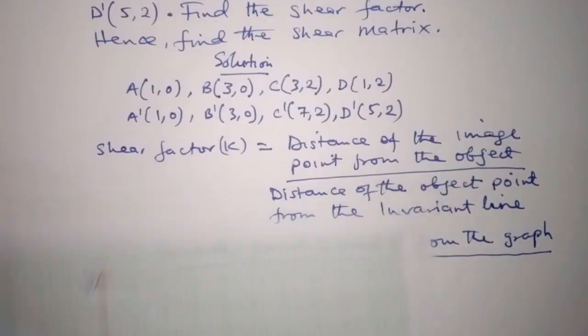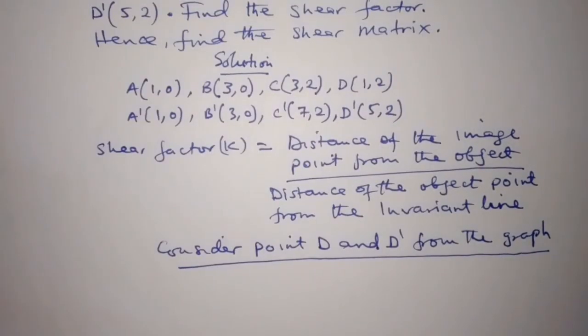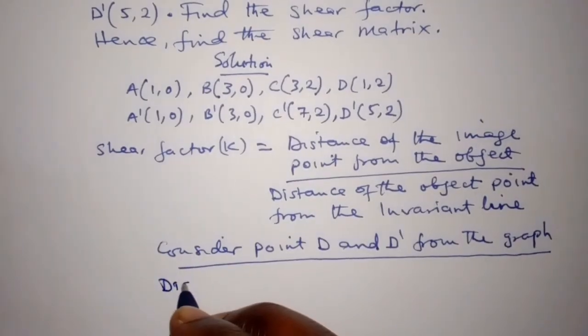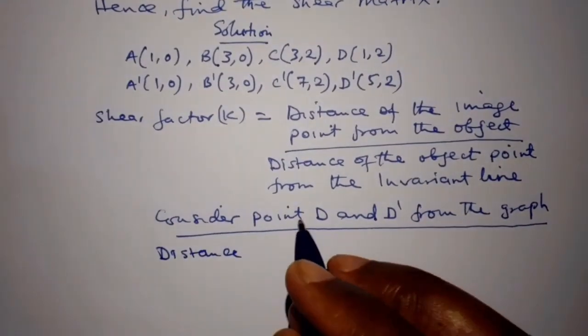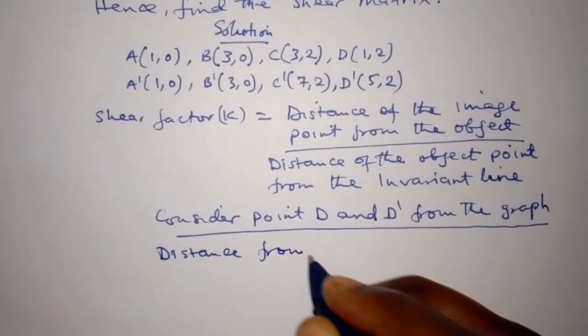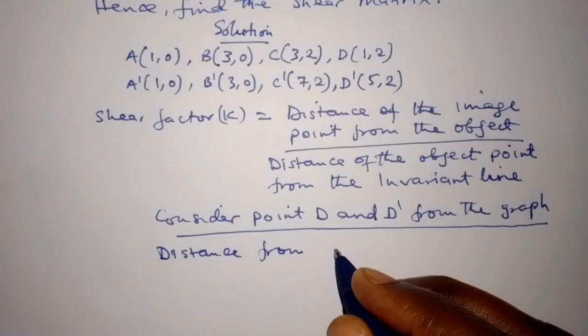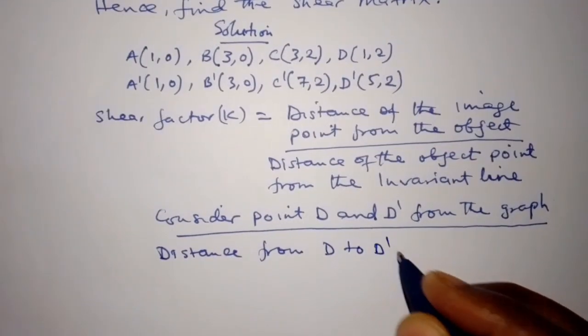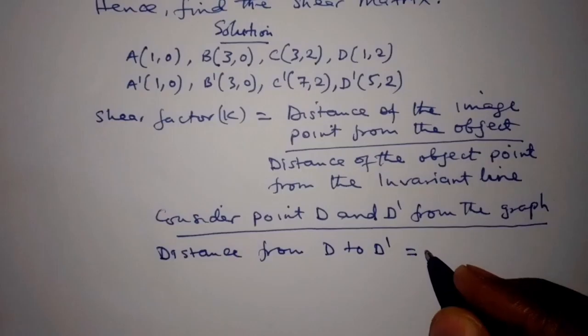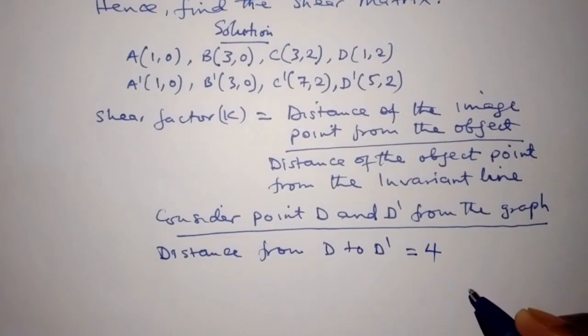So we can say that the distance from D to D' is equal to 4 units.